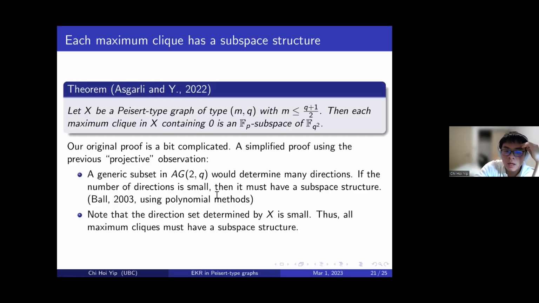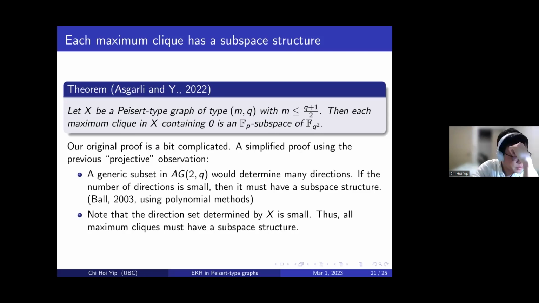And then we just apply this result, and it's immediately implied that all cliques must have a subspace structure, because the direction set determined by the clique is small. So this is a key ingredient in our proof of both results.